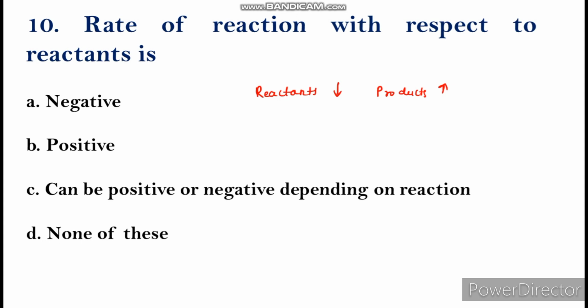It means the concentration of products increases. As the concentration of reactants is decreasing, the rate of reaction with respect to reactants, we consider it negative, and the rate of reaction with respect to products, we consider it positive. Here they have asked with respect to reactants. So which option? Option A, negative.